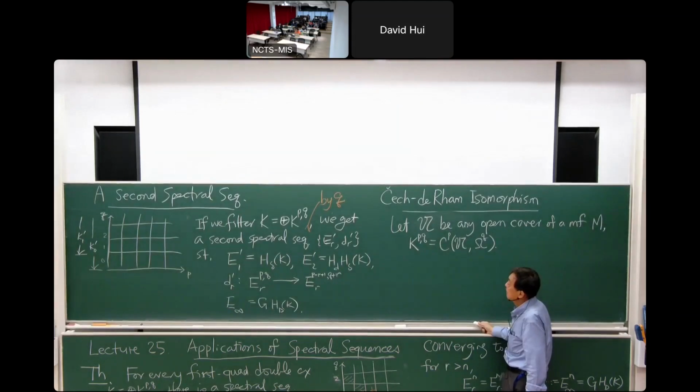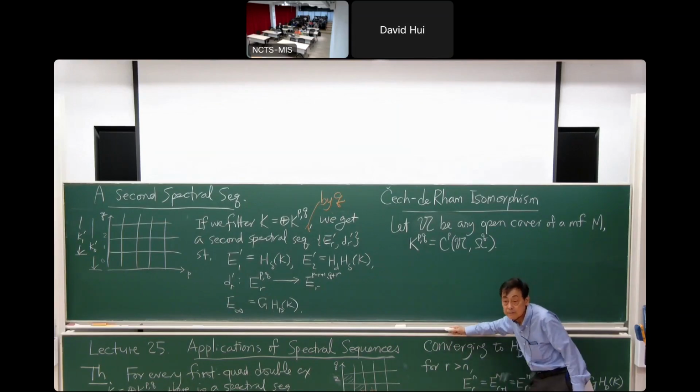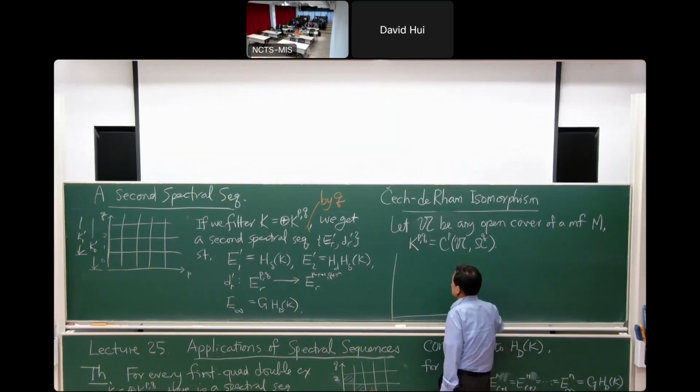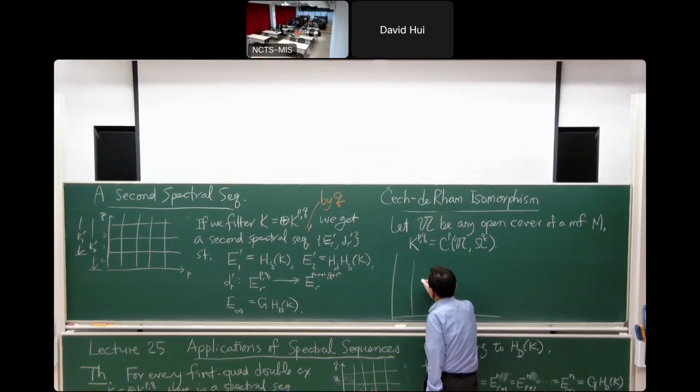Okay, so let's compute the two spectral sequences. The double complex looks like this.